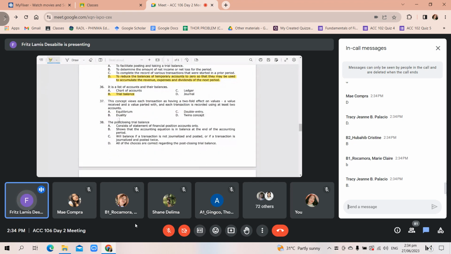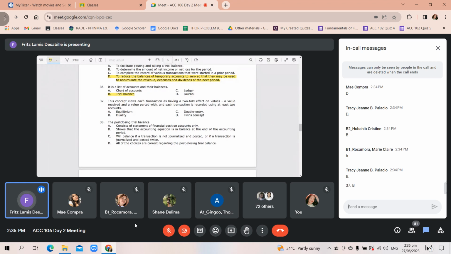Okay, number 37, this concept views the transactions as having a two-fold effect on values, a value received and a value parted with, and each transaction is recorded using at least two accounts. This is duality. Okay.